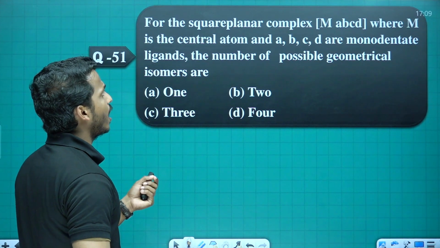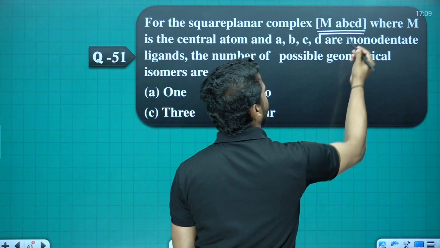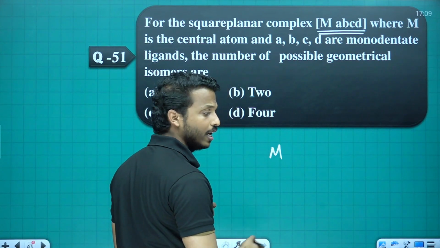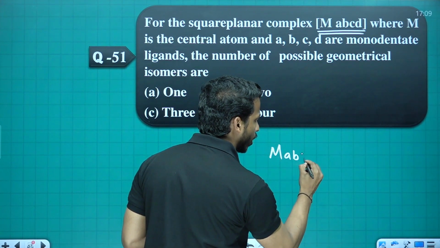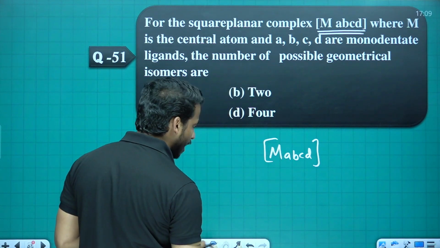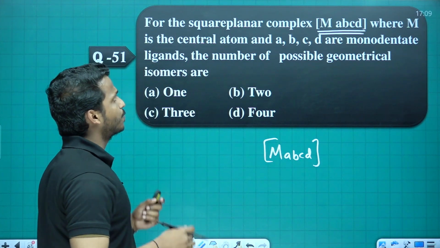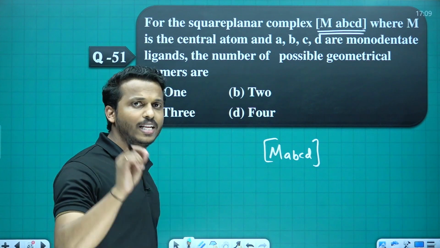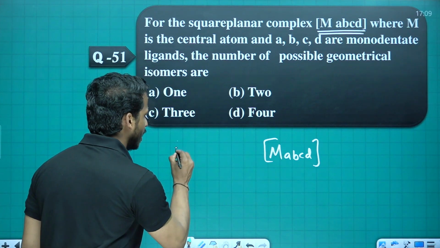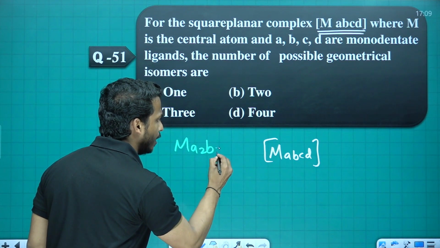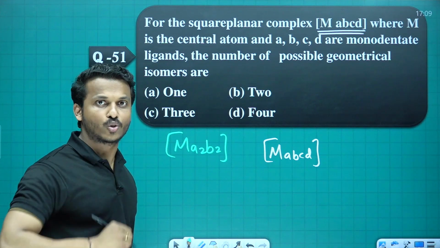For the square planar complex MABCD, what is meant by MABCD? M, metal connected to 4 different ligands. The type MABCD, this point you please keep in mind all of you. In square planar, we already discussed, the type Ma2B2 shows cis-trans isomerism.